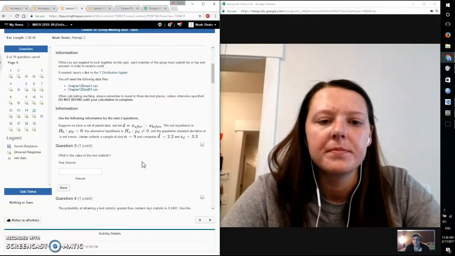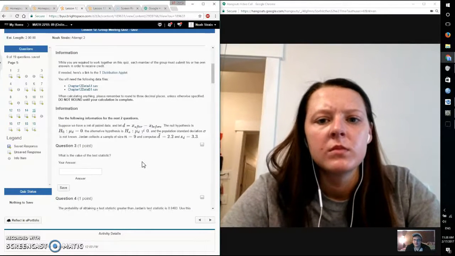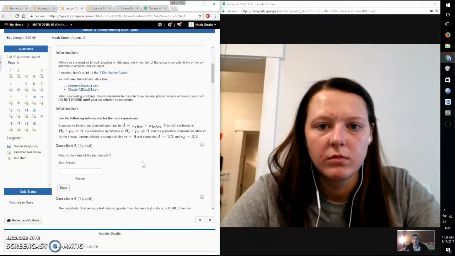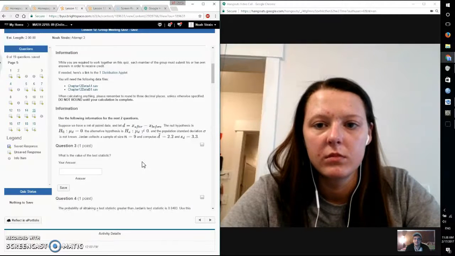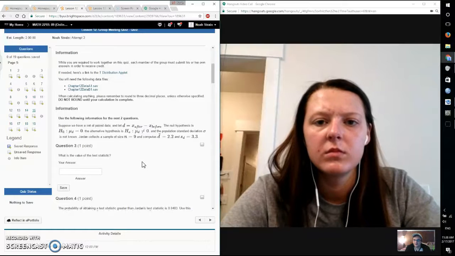And the alternative hypothesis is that the mean of the differences is not 0, meaning that the information is different. And the population standard deviation is not known. Jordan collects a sample size of 9 and computes that the mean of the differences is 2.2, and the standard deviation is 3.3. So what is the value of the test statistic?